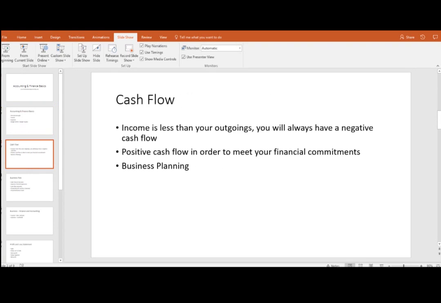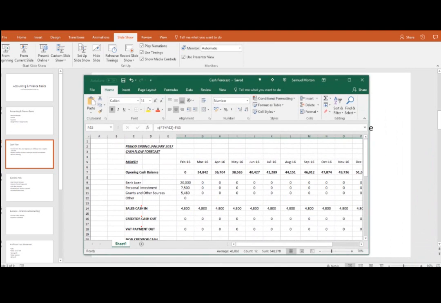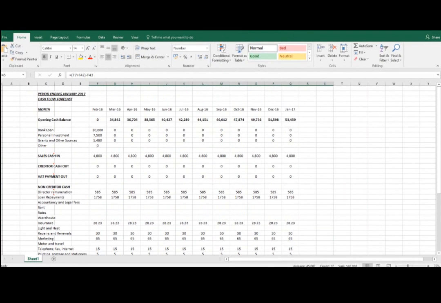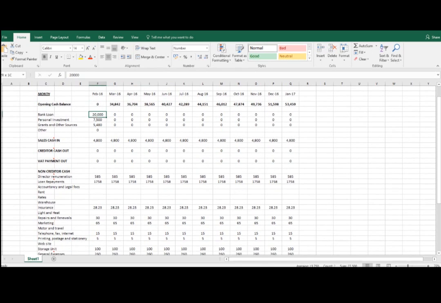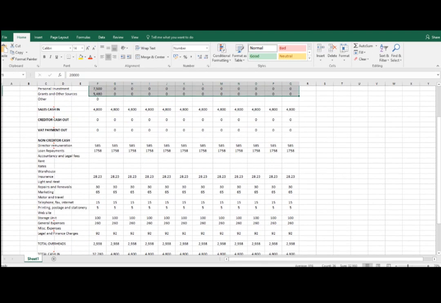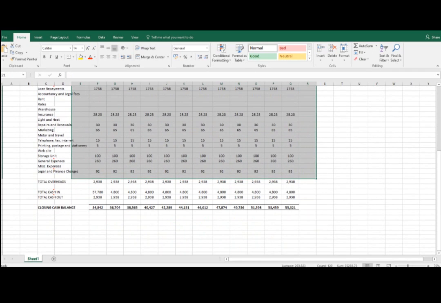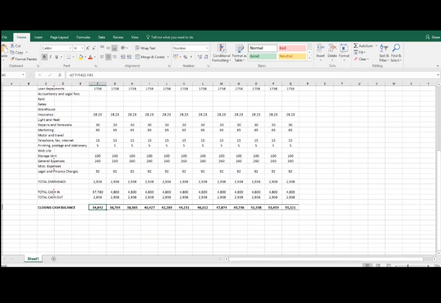Now, if I bring up another file, the cash forecast, I have a basic cash flow forecast here. You can see I have the month at the top, the opening cash balance, that could be a bank account, any money coming in, and then money going out, and at the bottom here is a closing cash balance.